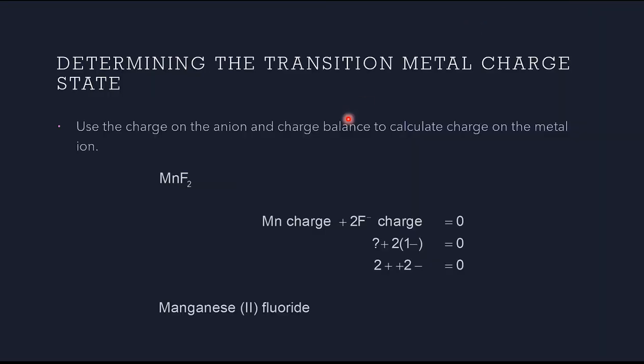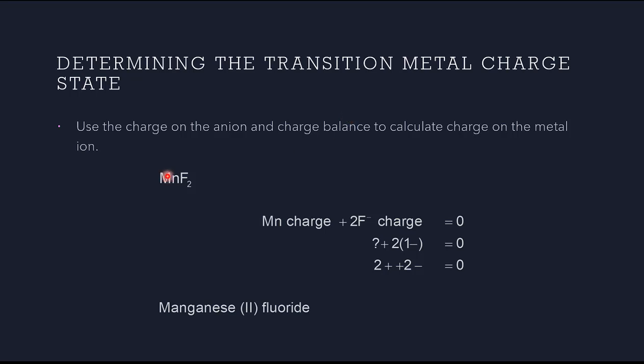So how do we determine the transition metal charge state? Using the charge on the anion and the charge balance, we can actually predict which cation of a transition metal we are using.